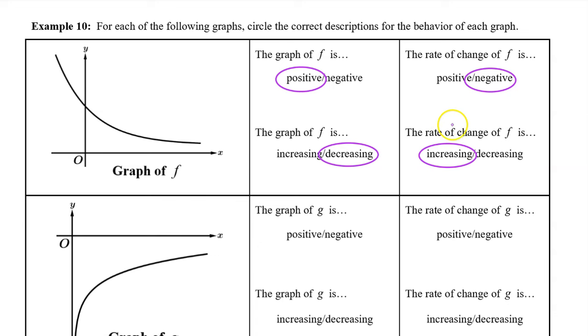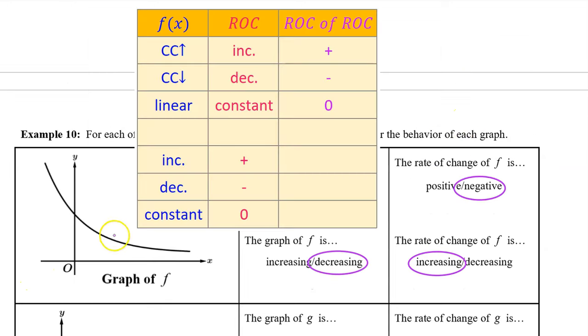We answered those questions without looking at the chart, but if you need it, this chart will save you. When f of x is decreasing, the rate of change is negative. When f of x is concave up, the rate of change is increasing.